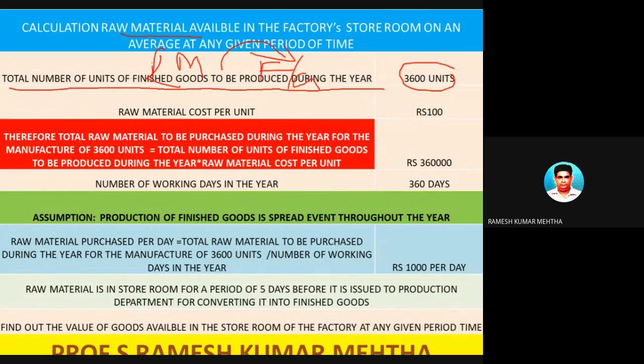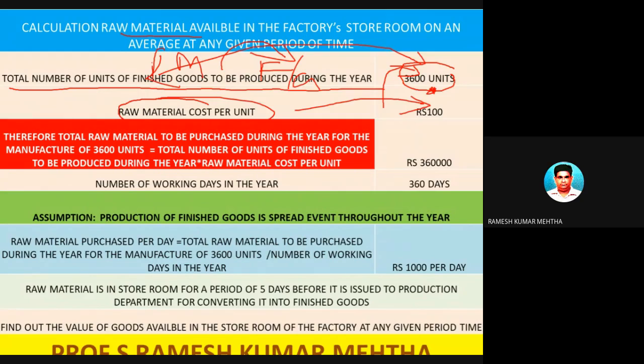I am assuming that in the next year, I am going to manufacture 3600 units of finished goods. To produce 1 unit of finished goods, the raw material required is rupees 100.